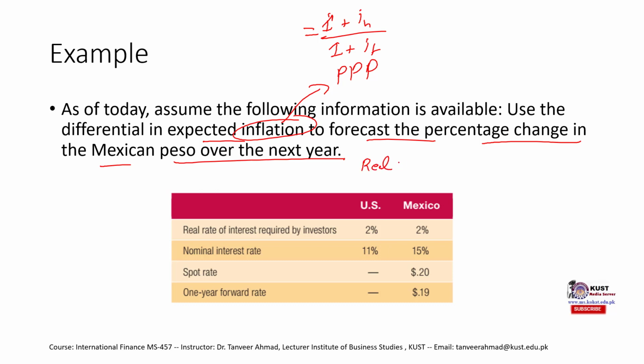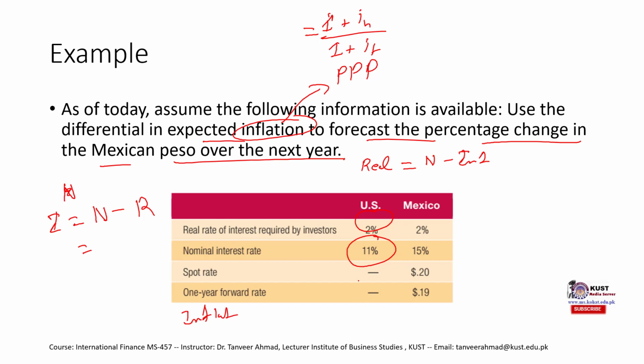real interest rate is equal to nominal minus the inflation. And we have the real interest rate and the nominal interest rate. So if we want to calculate the inflation, then that would be nominal interest rate minus real interest rate. So in case of the US, the nominal interest rate is 11%, and the real interest rate is 2%.